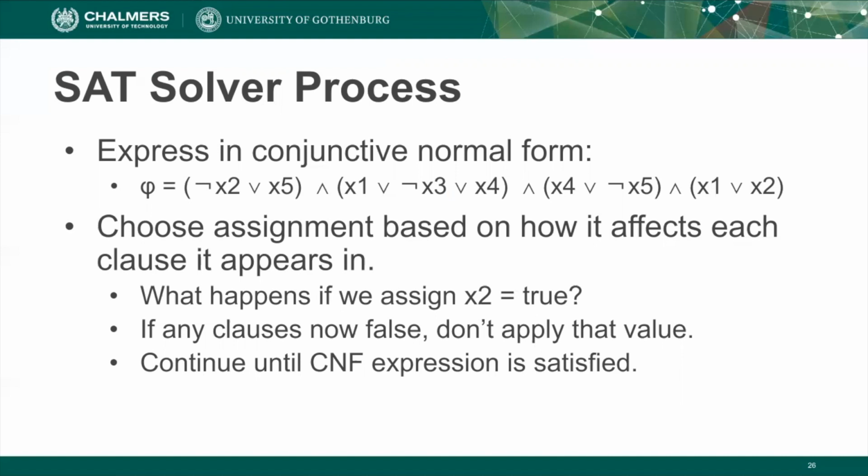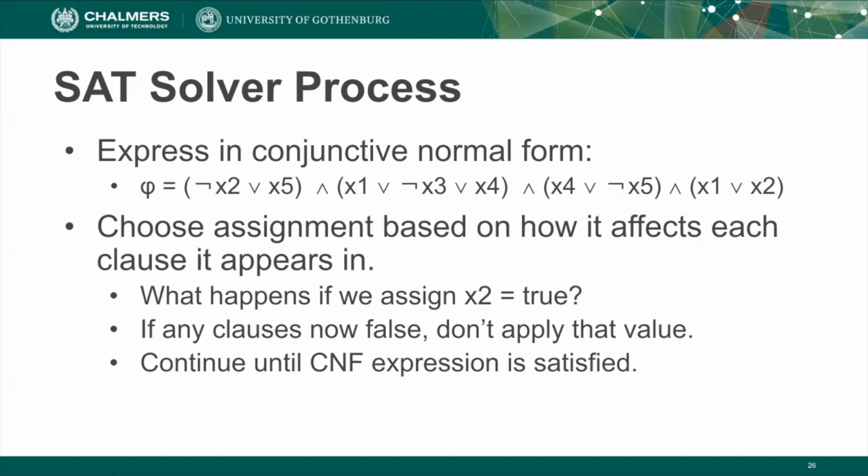What happens if we assign x2 to be true? If that changes any clauses to be false, making the whole expression false, we don't apply it. And if it doesn't, well, maybe we will apply it and continue until the whole thing is satisfied. There's a bit more to it than that, but that's our starting point.